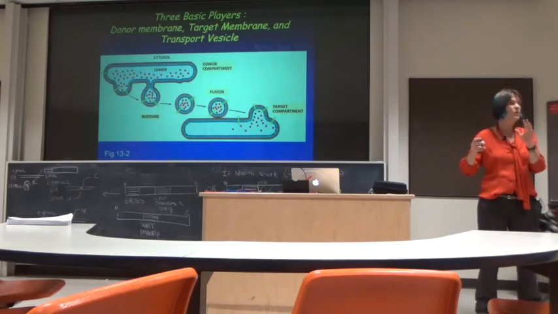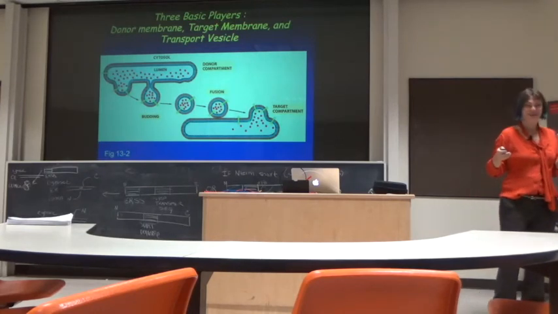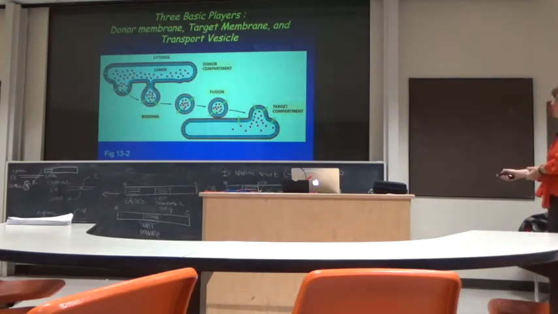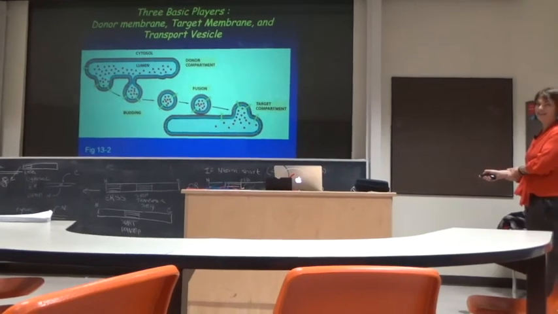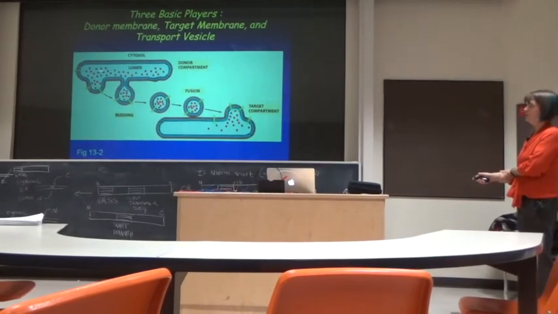This will make sense. So what's in common for vesicles? When we're going from a donor compartment to a target compartment, so this might be the ER going up to the cis Golgi, or this could be from the trans Golgi up to the plasma membrane, or to an endosome or a lysosome, we have a vesicle that needs to bud off from the compartment.